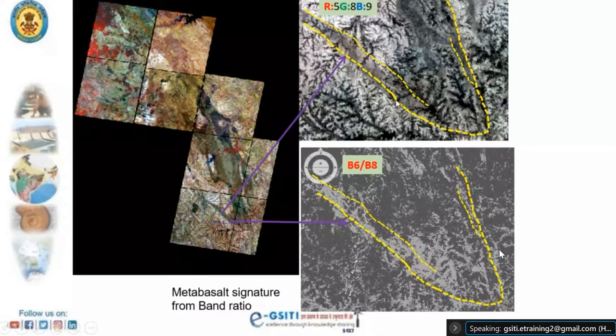Again, these metabasalts and the surrounding igneous rocks can be clearly identified, and seeing the shade it shows, we can differentiate it. Once you know the geology of that rock, and once you overlay the image data on top of it, it is very easy to find.